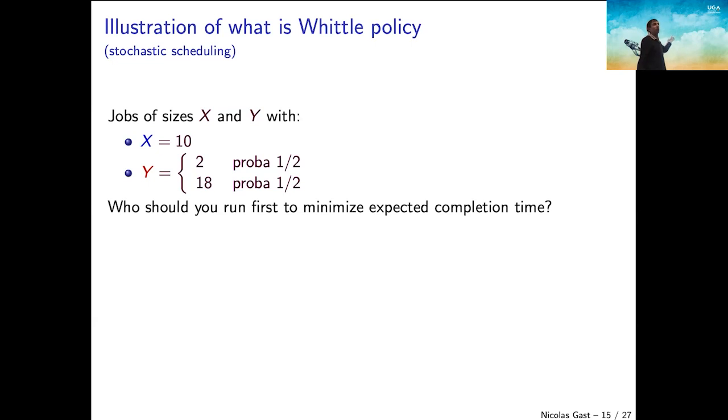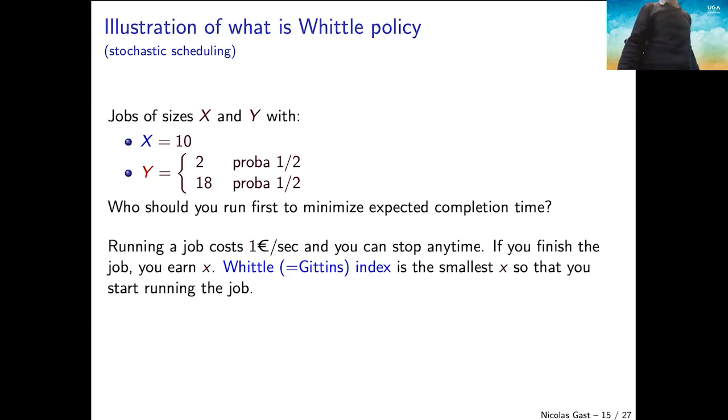So maybe starting with Y is better than starting with X. And in fact, you can easily compute and define indices for this by using the same Lagrangian method. The intuition about this lambda is that lambda will be the reward that I give you if you finish the job.